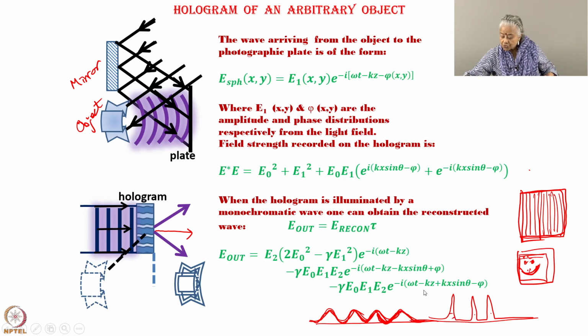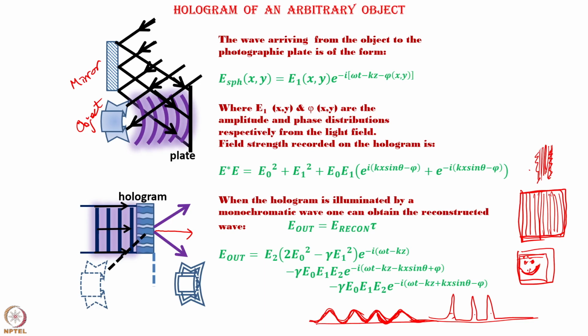So, you can also have very, very fine lines which are closer, but because your silver halide is not good enough, some of these lines may be missed out. Once you miss out some of the lines, your data is also lost. So, in the next lecture, we will see what is so important about recording a good hologram.